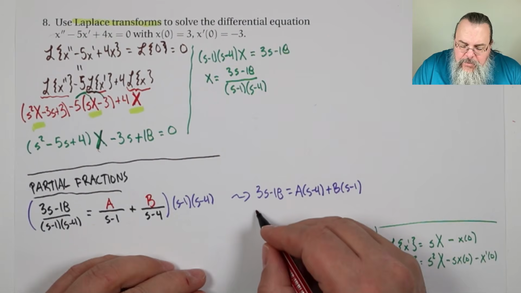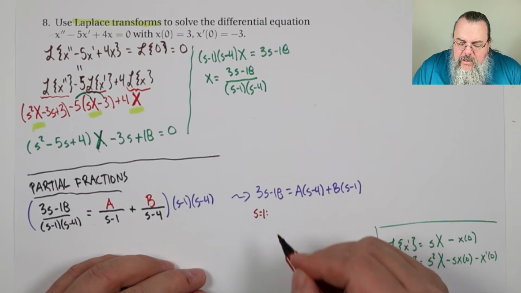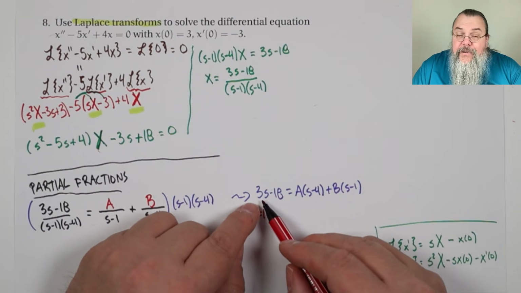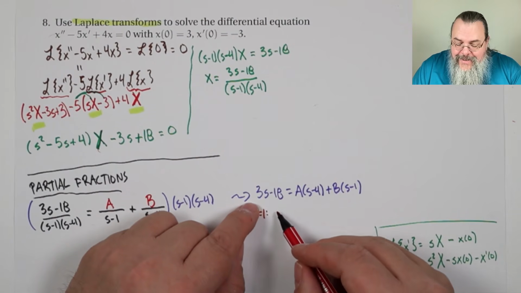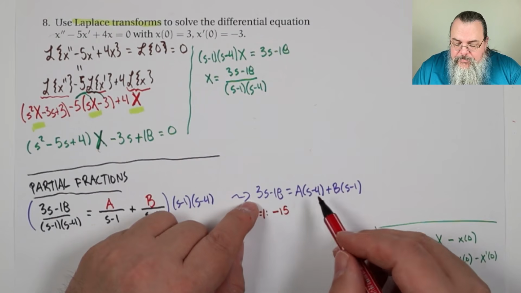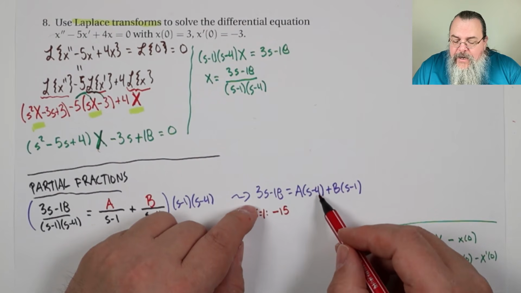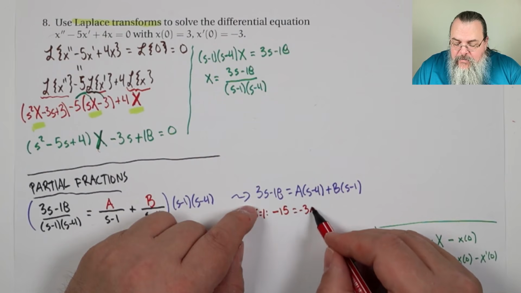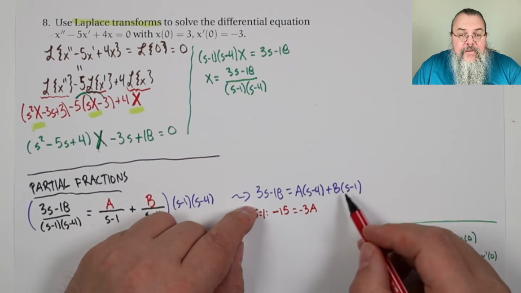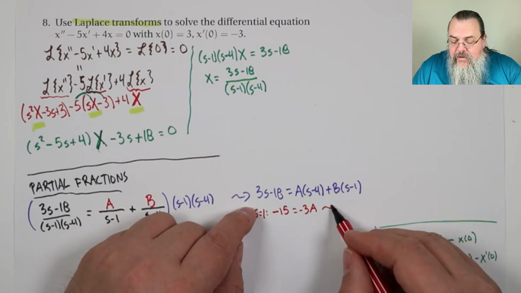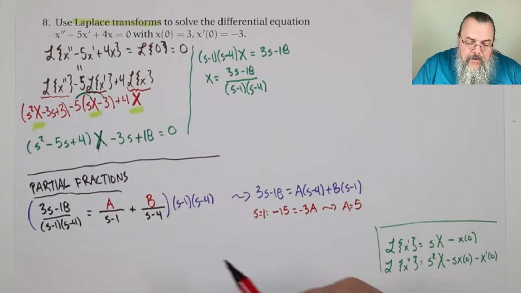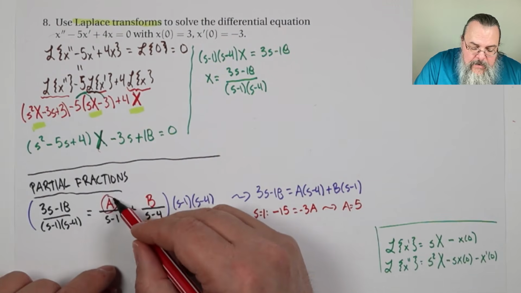So I think if we plug in s equals 1, that can help us knock some terms out. 3 subtract 18, negative 15. 1 subtract 4 is negative 3. So minus 3A, and then that's 0. Well, that says, oh, A should be 5. Okay, so now we know A is 5.